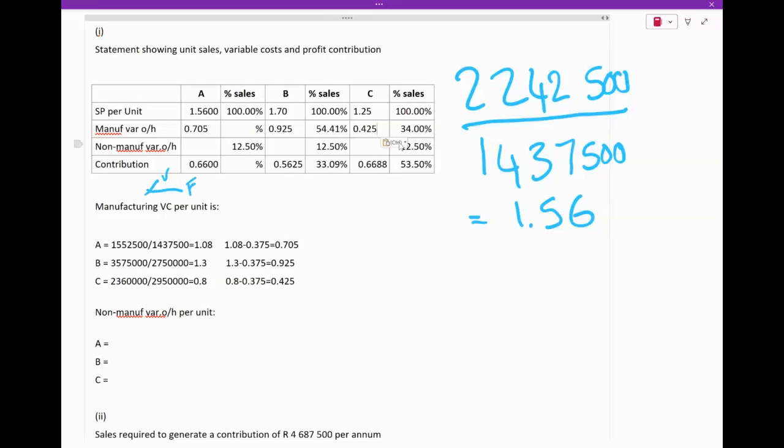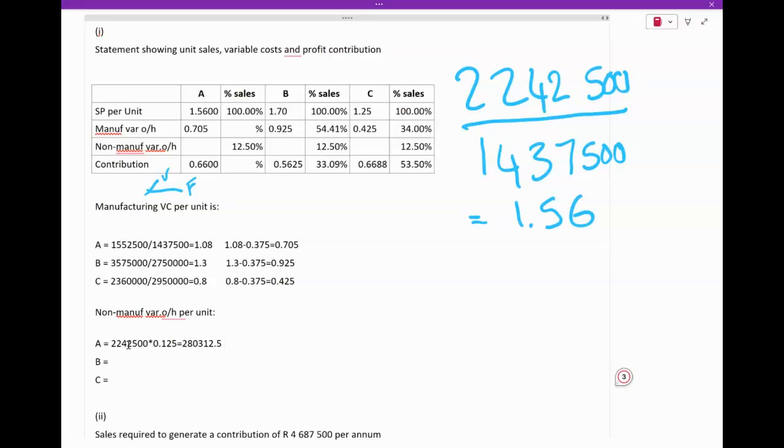So what was our sales for A? 2,242,500, times 0.125. But this is the total non-manufacturing variable overhead.